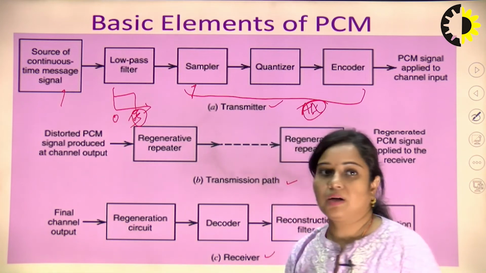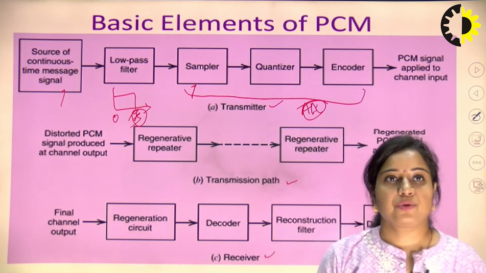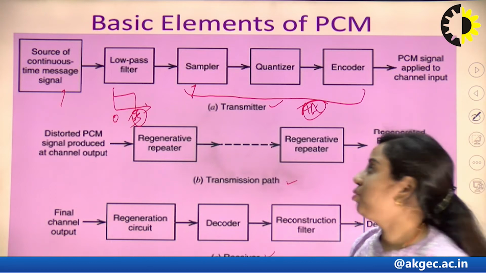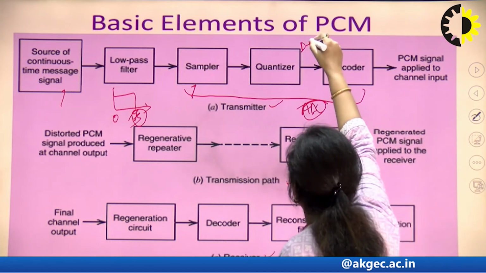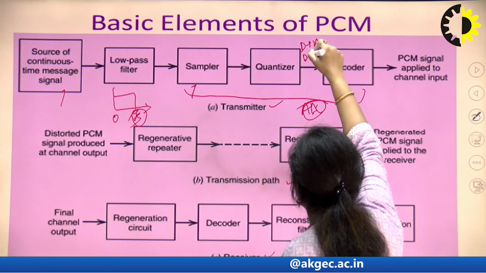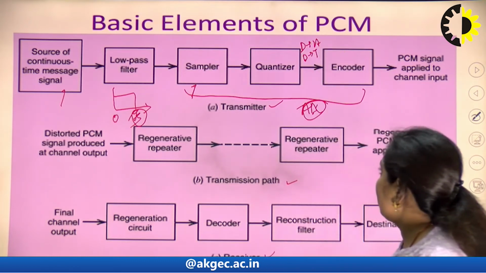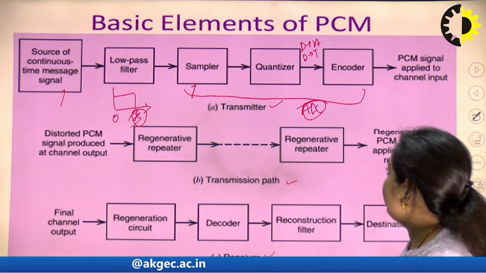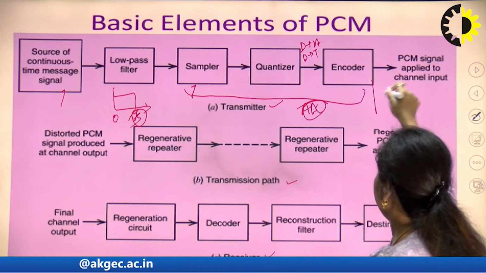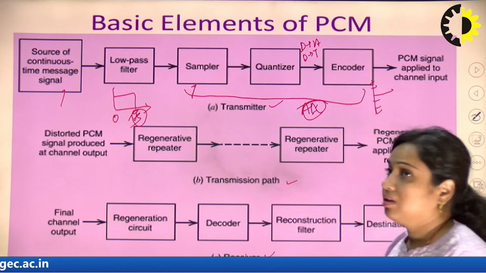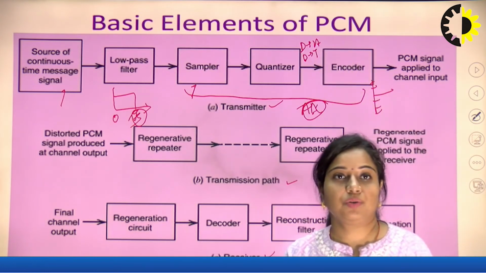Now, the next part will be the quantizer. The quantizer will convert the continuous amplitude into discrete amplitude. So, this will be a discrete amplitude and discrete time signal. The output of this goes to an encoder. The encoder will encode the dynamic range of the signal extracted from this amplitude variation.